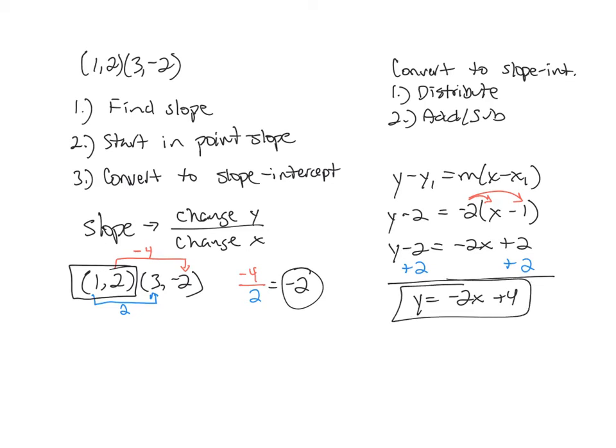There's the equation of the line. Okay, so this converting part is always the same. You're going to distribute the slope, basically, just whatever number's in front of the parentheses. And then you are going to add or subtract this number over here that's with the y. Okay?